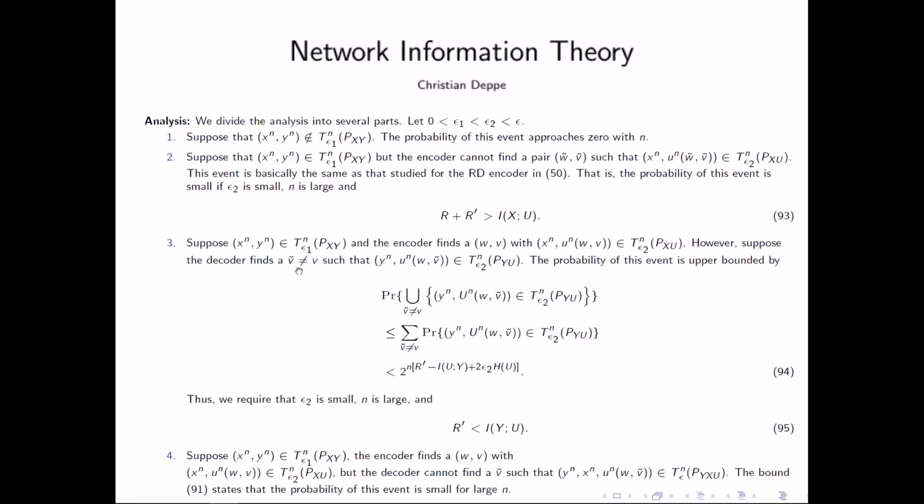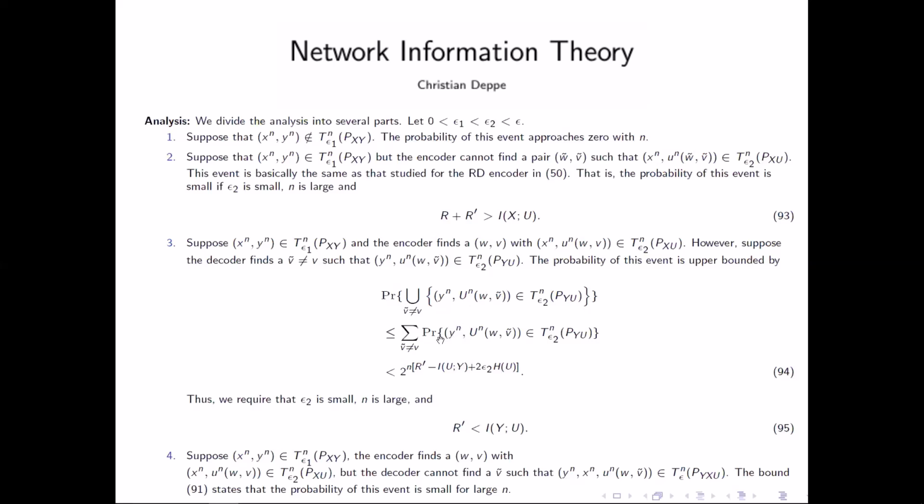However, our V tilde is not equal to V. And now we have to restrict our bin somehow so that this goes to 0. So look at the probability of this event. That's the probability of the union of all V tilde not equal to V such that Y^n and U^n are jointly typical.